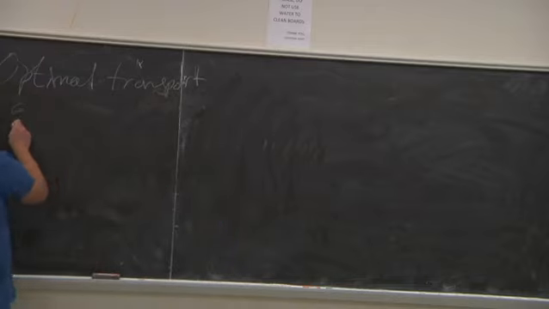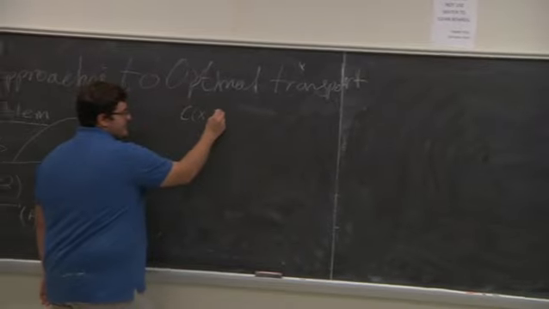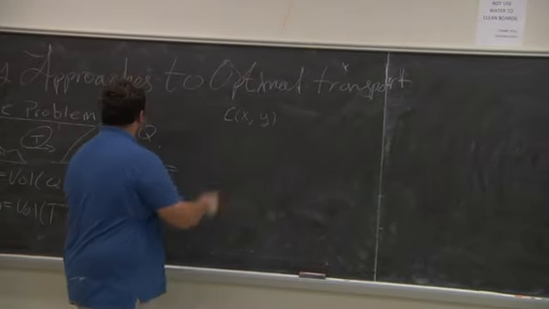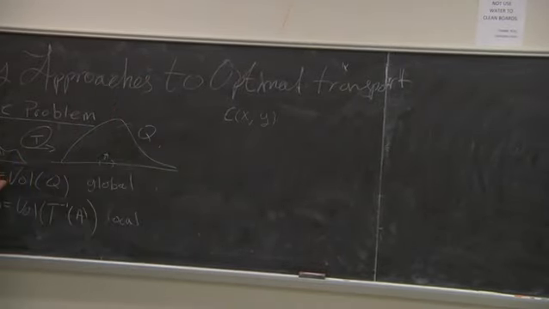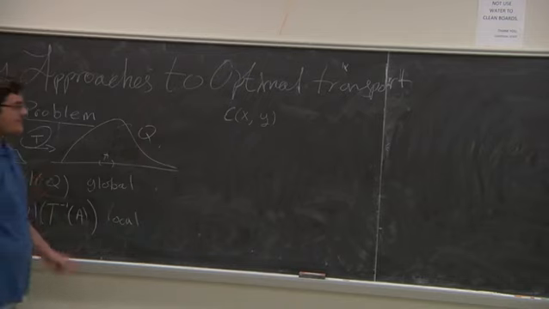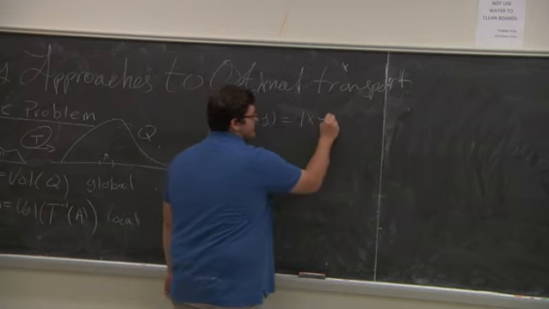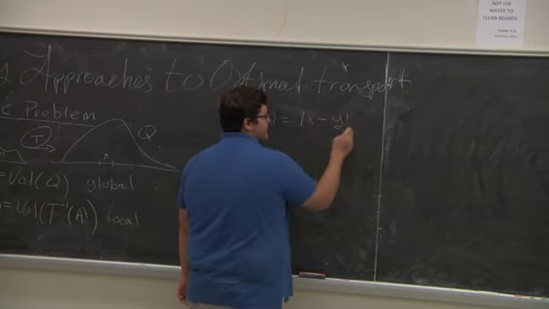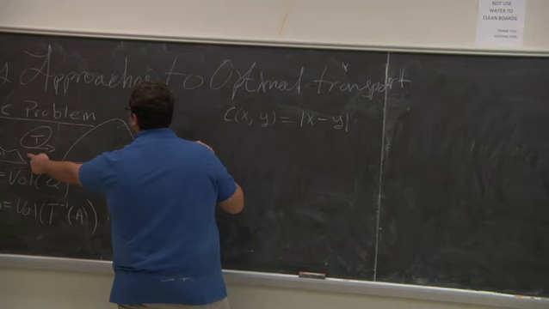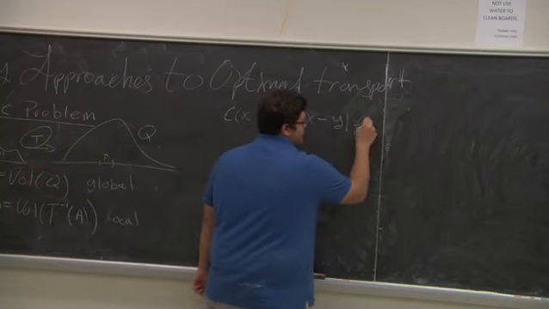So the cost function between a point x and a point y, where x is our origin and y is where we're sending it to, is the distance, x minus y, times the mass, which we'll just denote as a function.